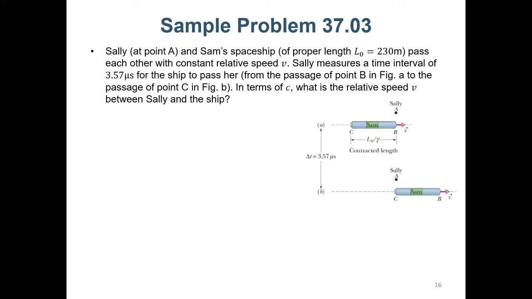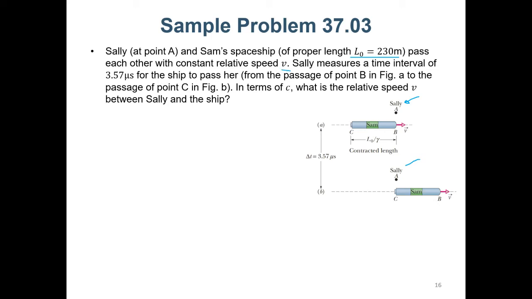Stacy is steady at point A here. And Sam is on the spaceship of proper length L0, which means if it does not move, the length is 230 meters. They pass each other with constant relative speed v.